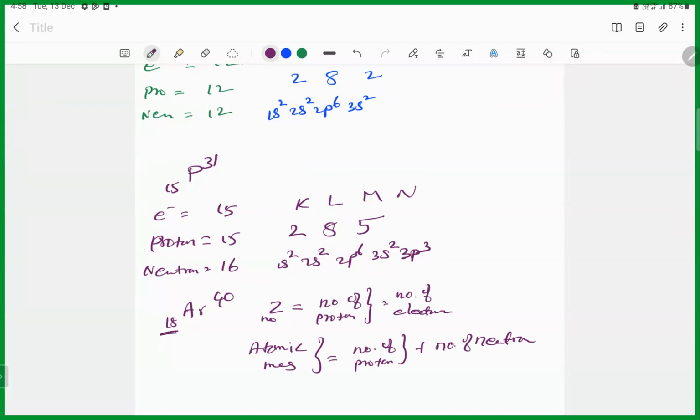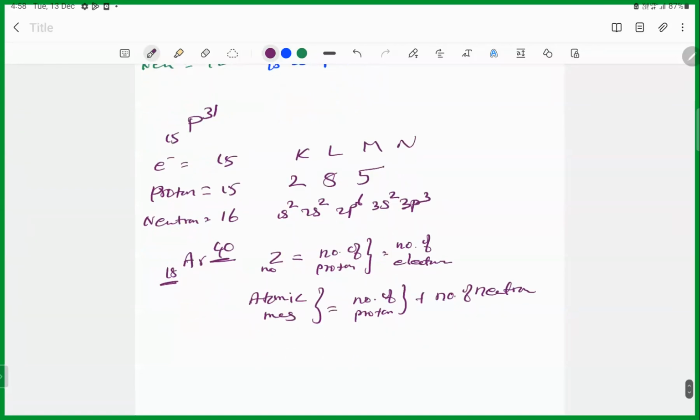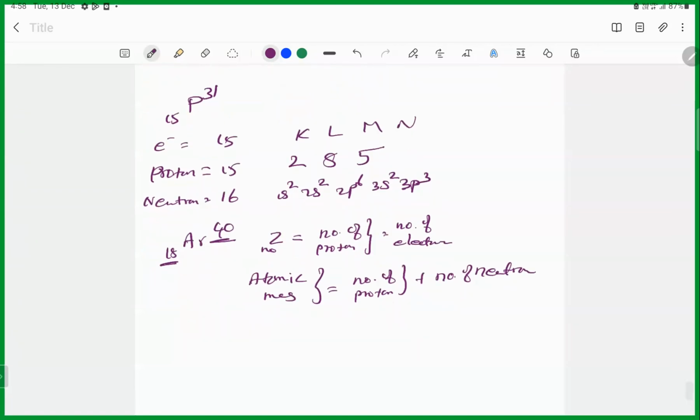This is your atomic number and this is your atomic mass. From this, you calculate the number of protons, neutrons, and electrons.